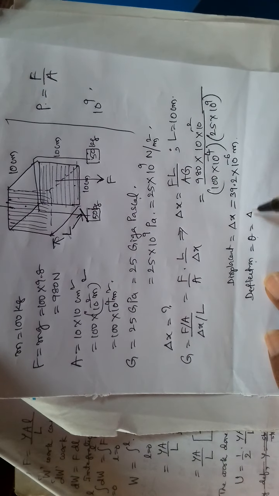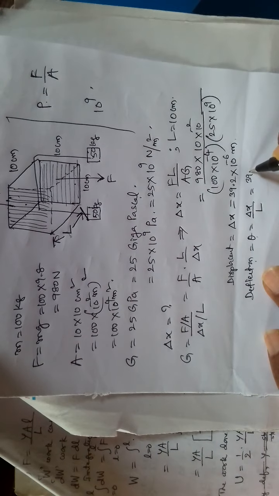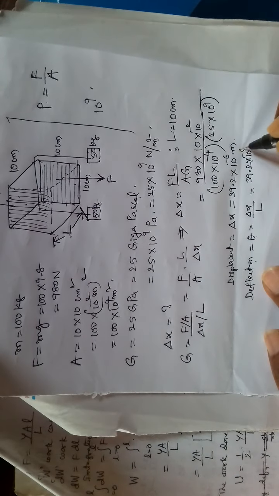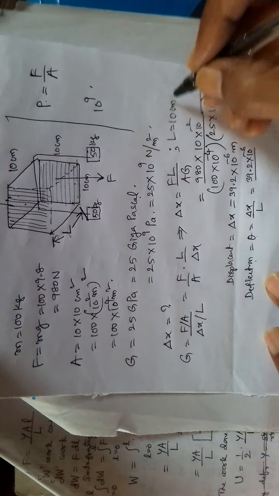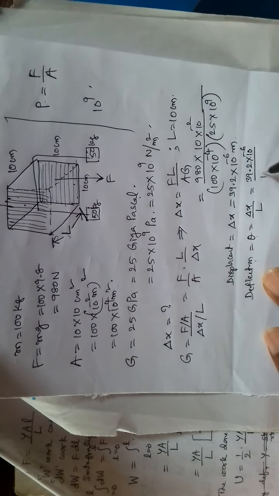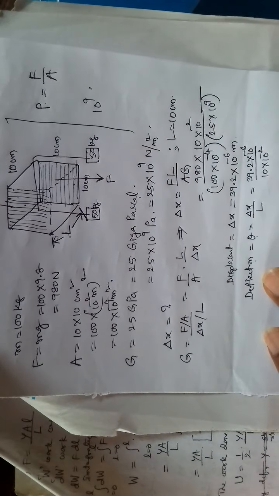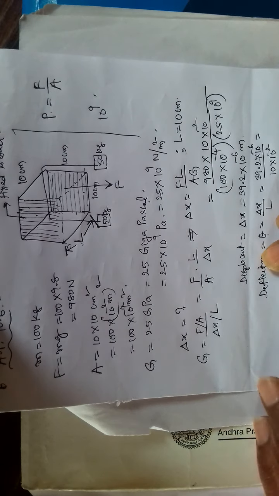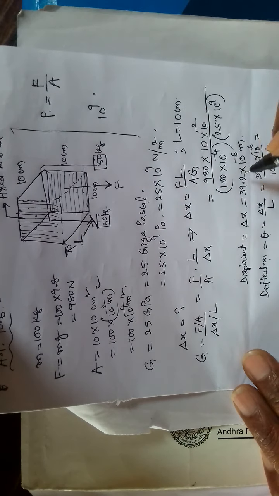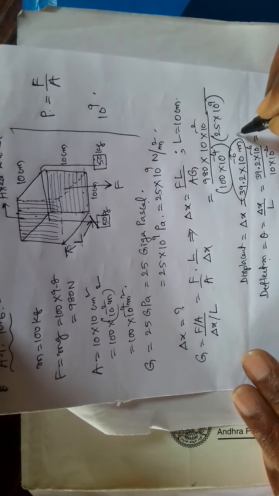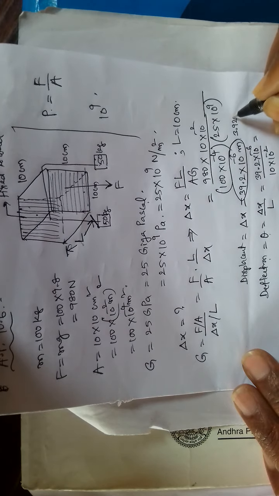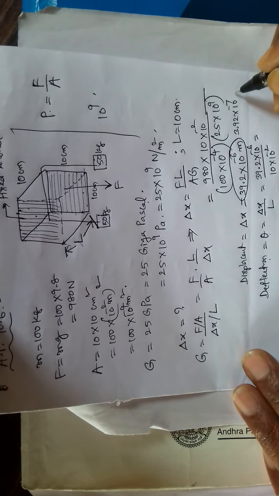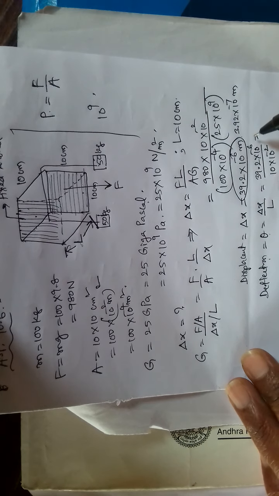Arc by radius means delta x by L. Delta x is 39.2 into 10 power minus 6 divided by L. L value 10 centimeters means 10 into 10 to the power of minus 2. Here it is 3.92 into 10 power minus 7 meter.